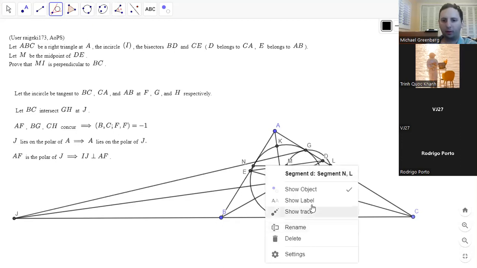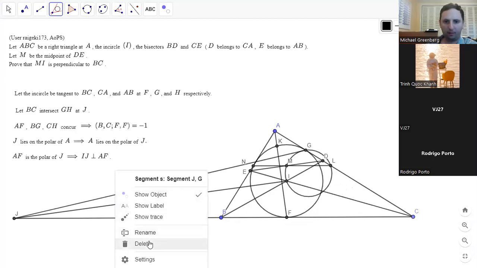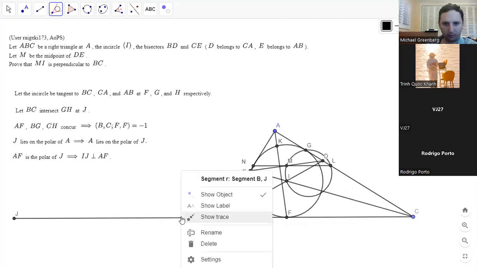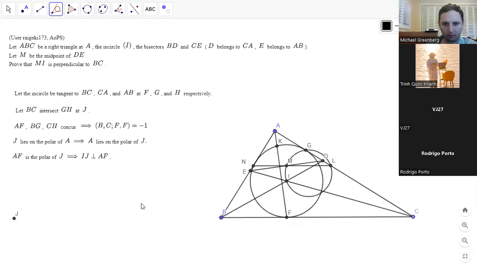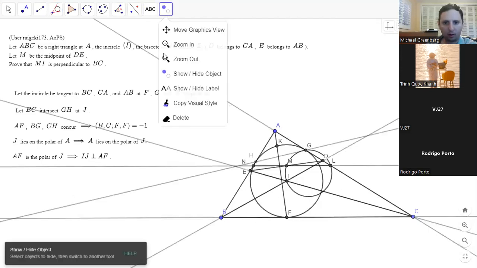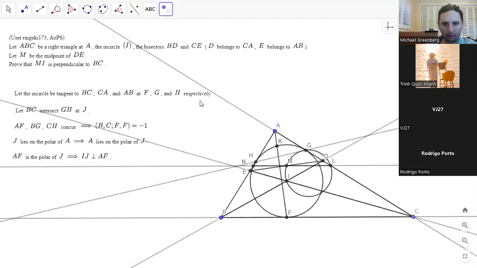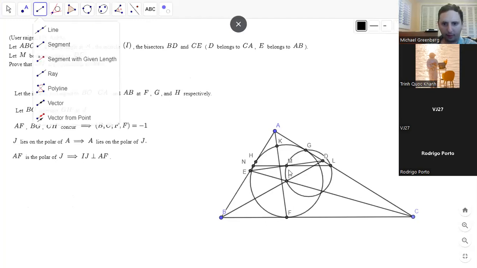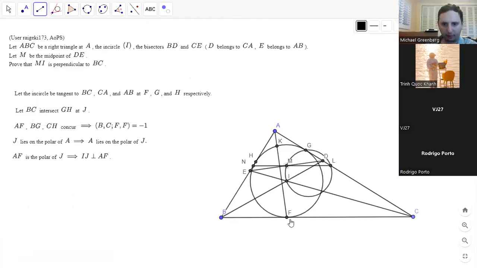So let me delete point J, and that might make it look a little nicer. I'm gonna unhide H. So we redefine M to be the intersection point.